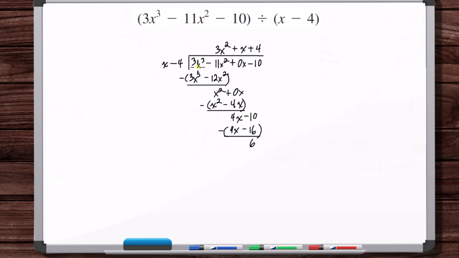We have this dividend divided by this divisor results in this quotient with this remainder. The result of this division is you write the quotient, and then the remainder divided by the divisor.